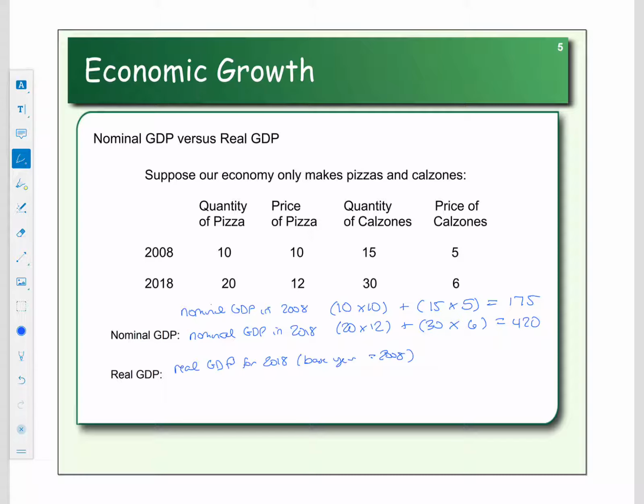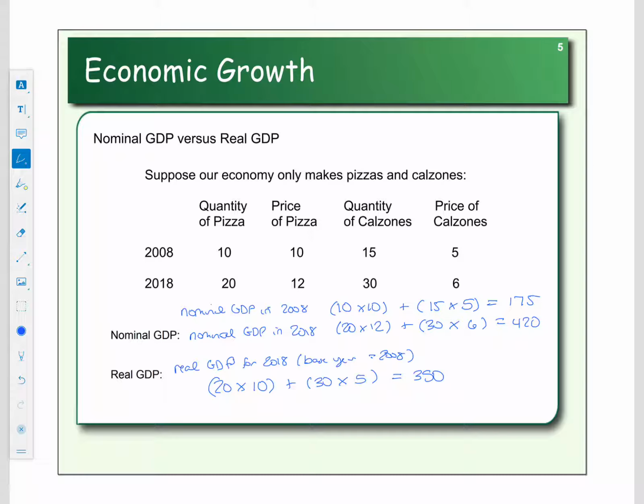So the real GDP for 2018 is 20 pizzas using the 2008 prices of $10 a pizza, plus our 30 calzones times the $5 that a calzone cost in 2008. When we do that calculation, 20 times 10 and 30 times 5, we get 350. So the total value of everything we made in 2018 was $350 if we took out the inflation that we've experienced in the last 10 years, from 2008 to 2018.